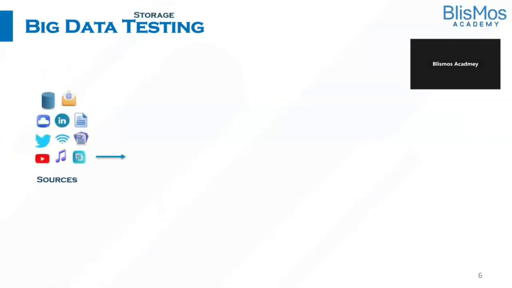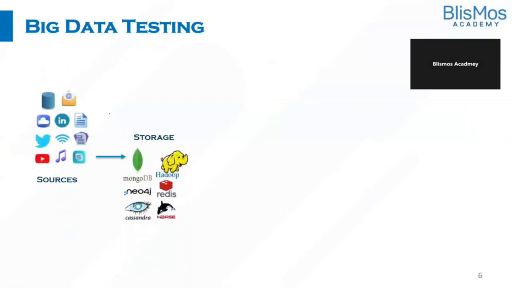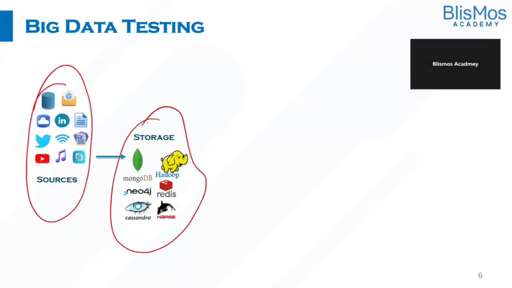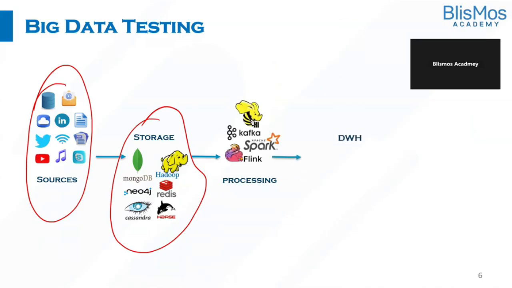When we talk about big data processing pipelines, data from multiple sources is moved to big data storage like Hadoop, MongoDB, Cassandra, or even cloud systems like Redis. Then that data is processed through big data processing tools like Spark, Kafka, and Flink. And then that will be stored in different data warehouses.